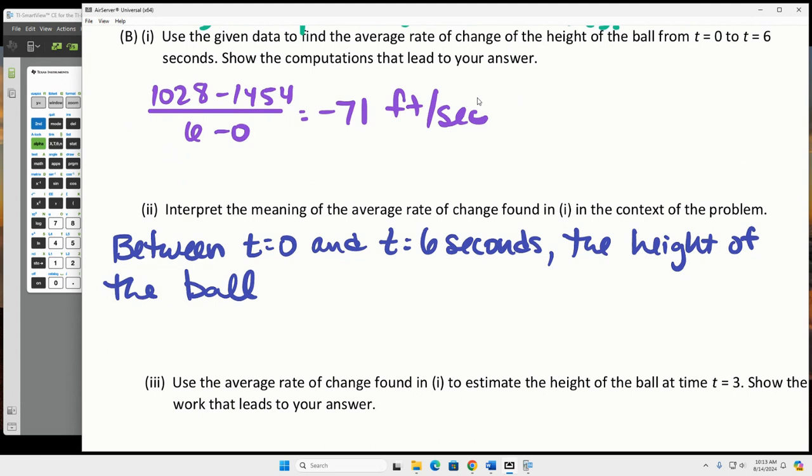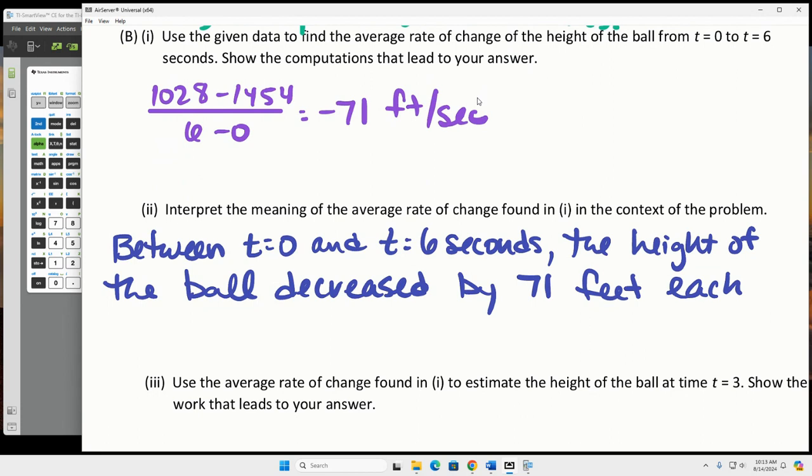Is that height increasing or decreasing? Decreasing. Now we're not going to say it decreased by negative. When something decreases by negative, it actually increases. So we're just going to say decreased by 71 feet each second.